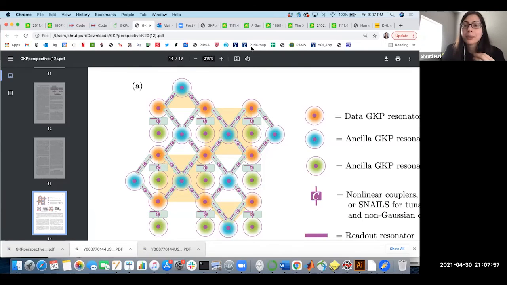There is some work recently by Barbara Terhal and also Kyungjoo Noh and Christopher Chamberland and others who have done calculations on building a surface code with GKP qubits. I believe that even if you count the extra resources you're going to need, you'll still require fewer total components than with the transmon-based regular surface code.